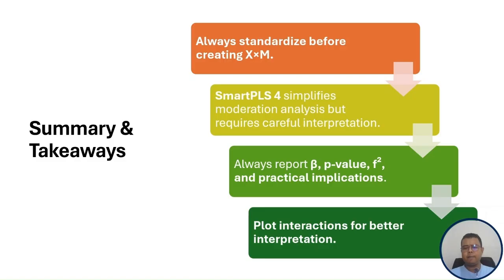However, always report the beta value, p value, and f square. Finally, you need to write the practical implication; it depends on you. Plot the interaction for better interpretation. In the last part of the video, I show you how to use the plot interpretation.